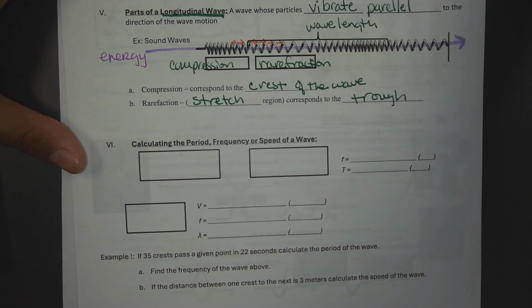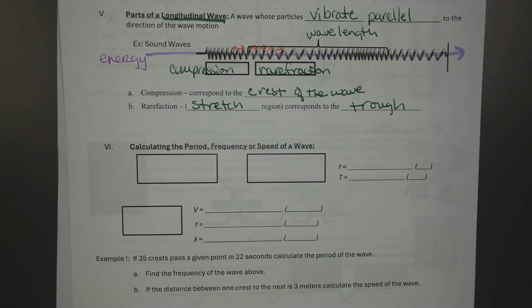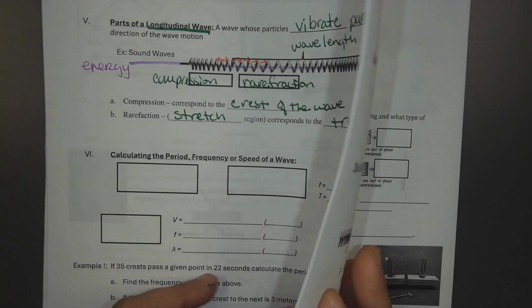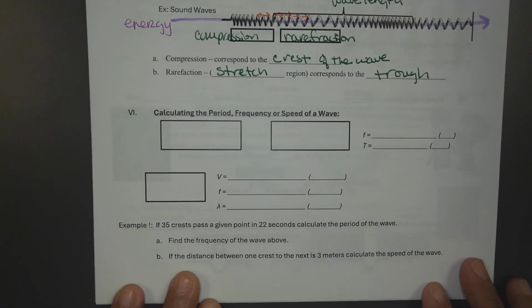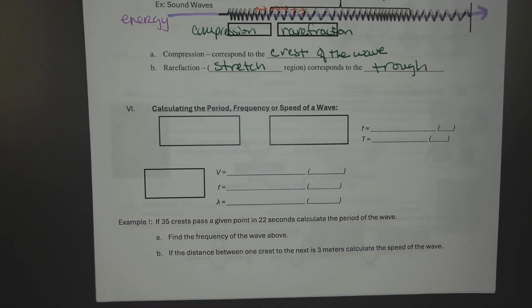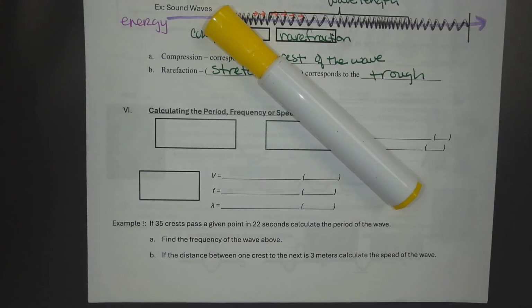All righty, we've got this part, and then I think another page and a half or so. That's it. All righty, so let's keep going here. I have my yellow highlighter.